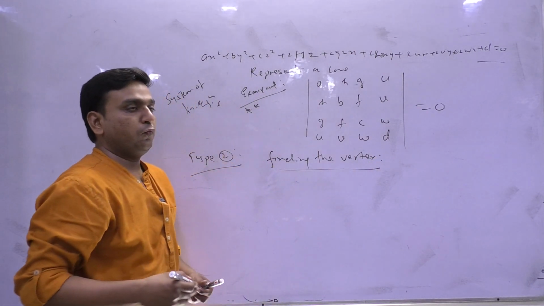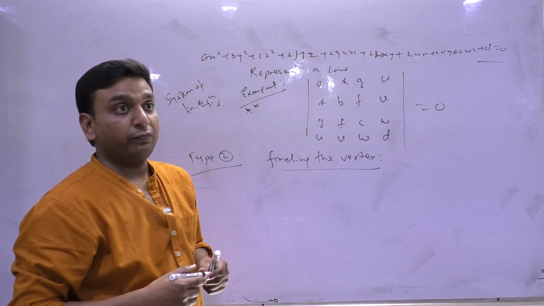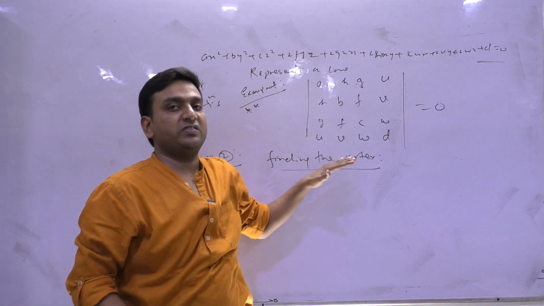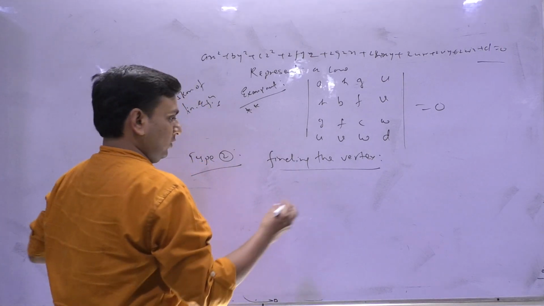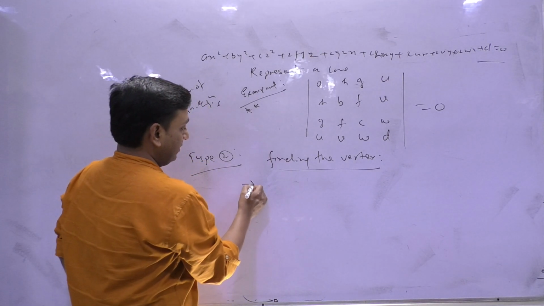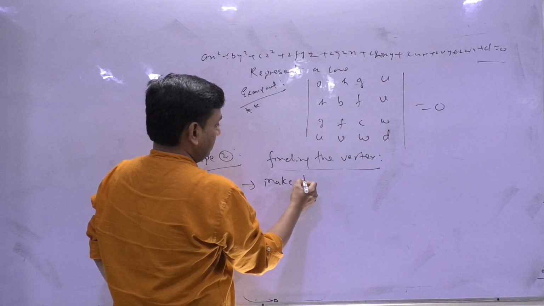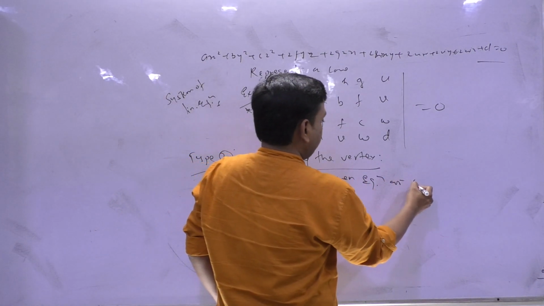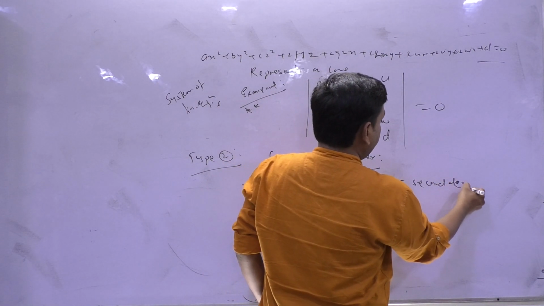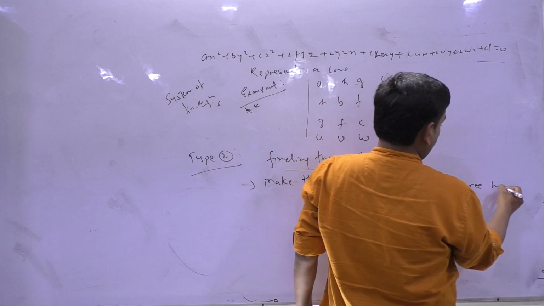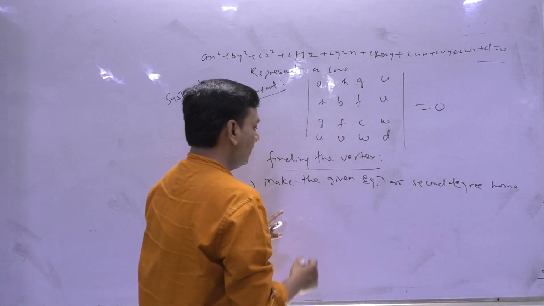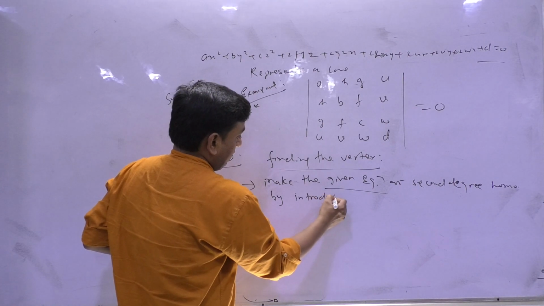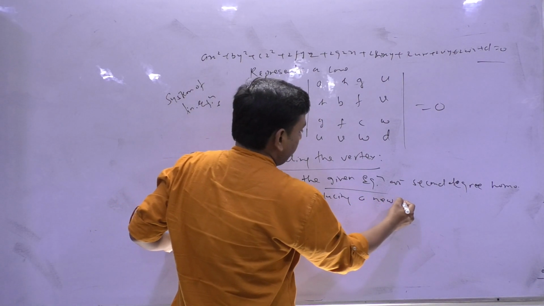Okay, so to find the vertex, we can either go by the general procedure, or do what the book's examples do: make the given equation second degree and homogeneous by introducing a new variable t.